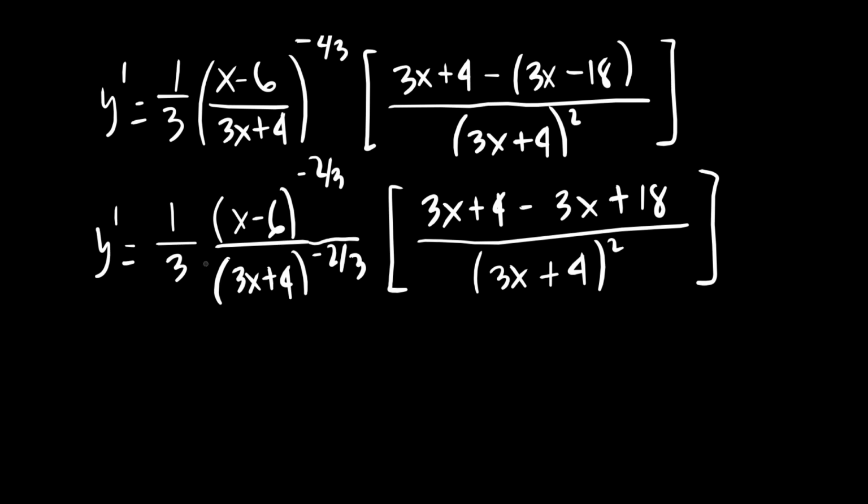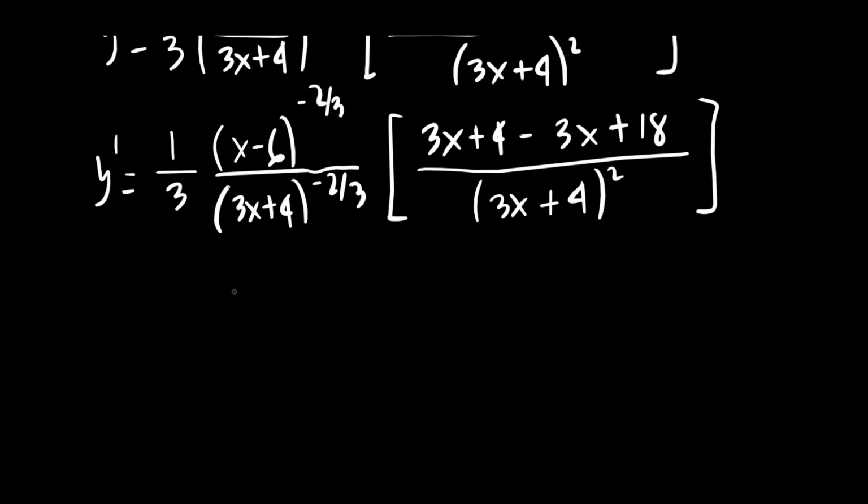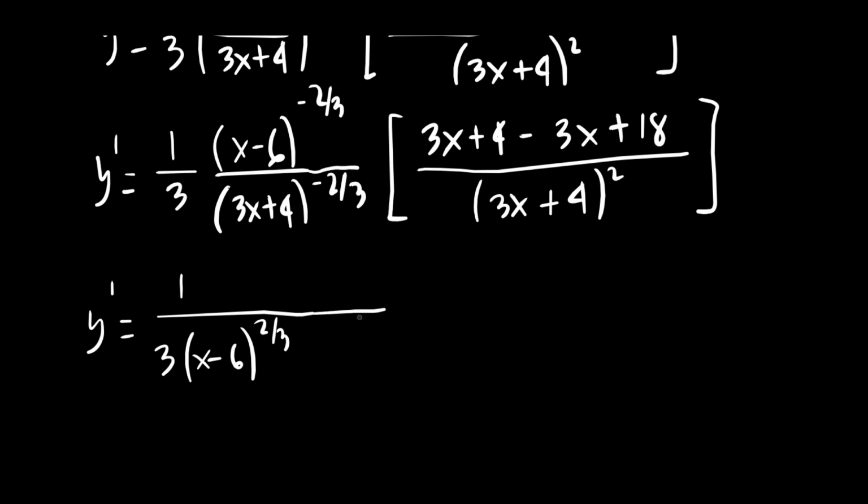After this we will combine similar terms. So y prime is equal to 1 all over, putting everything with a negative exponent in the denominator, (x minus 6) raised to the power of 2/3, multiplied by (3x plus 4) raised to the power of negative 2/3, right?